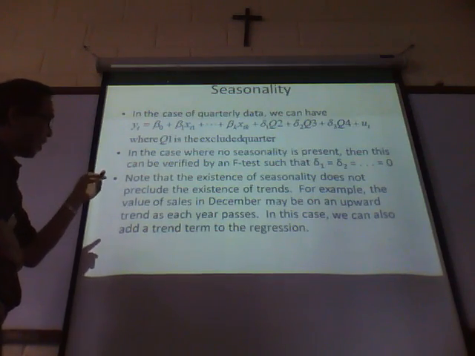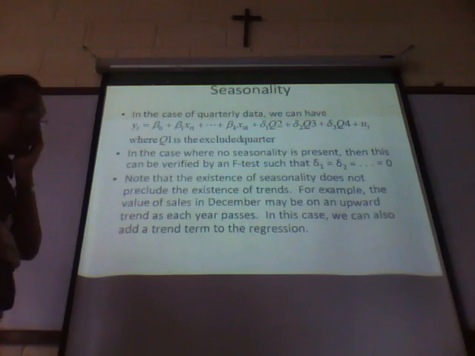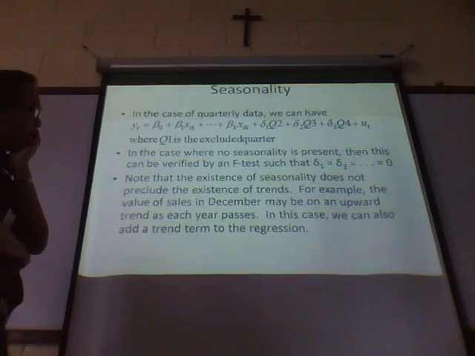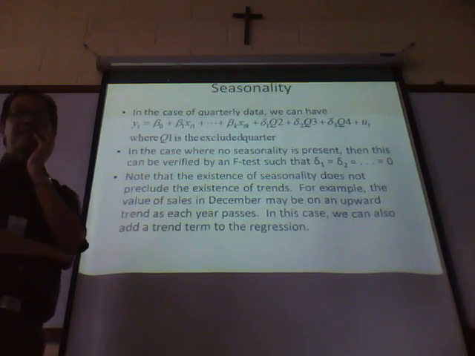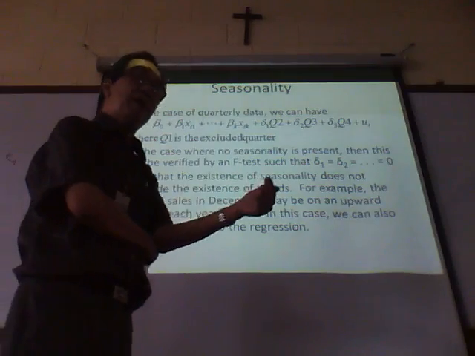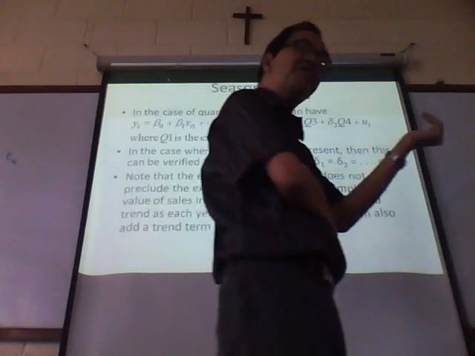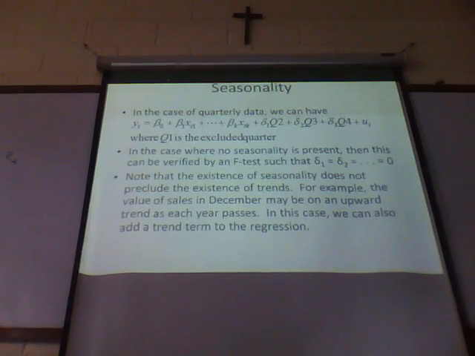Okay, so here it says, the value of sales in December may be upward as each year passes. So it's traditionally upward compared to other months. So sales in December is always higher than sales in February, sales in March, for most products.